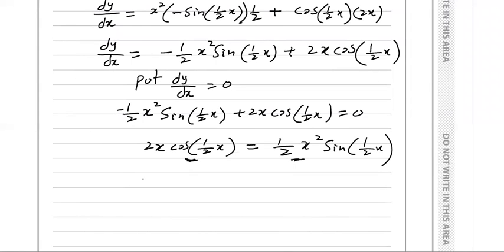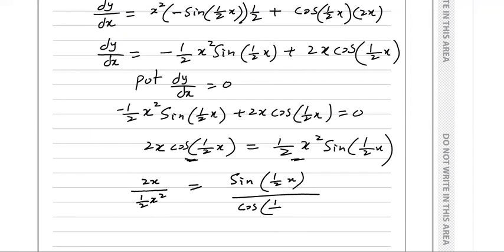So it will become actually 2x over 1 over 2 x square, and equals to the other side will be sine 1 over 2x over cos 1 over 2x. So this 2 will be multiplied with this one. It will become 4x over x square equals tangent 1 over 2x.